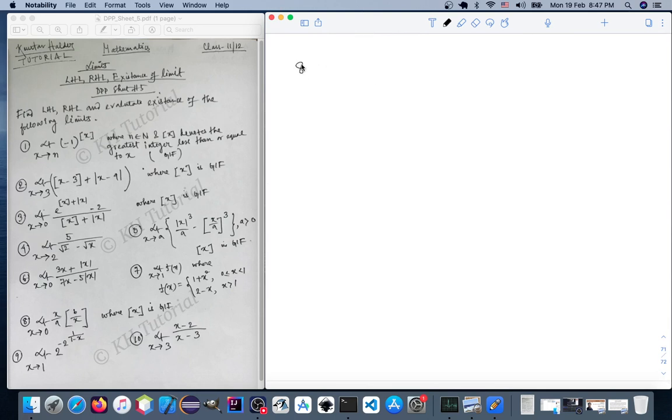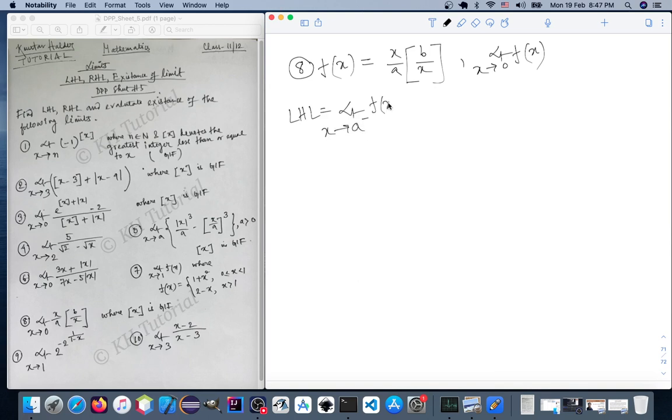Problem number 8. The f(x) given is x by a box b by x, and we need to check the limit at x equals to 0 of f(x). Here box is the greatest integer function. So let's find LHL. LHL equals limit x tending to 0 minus f(x).